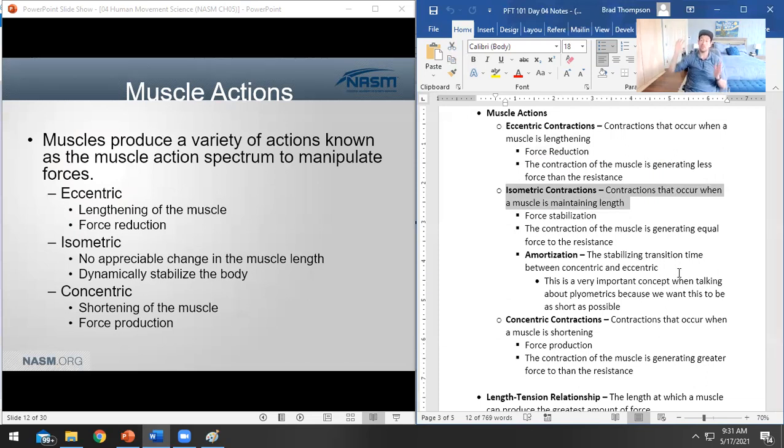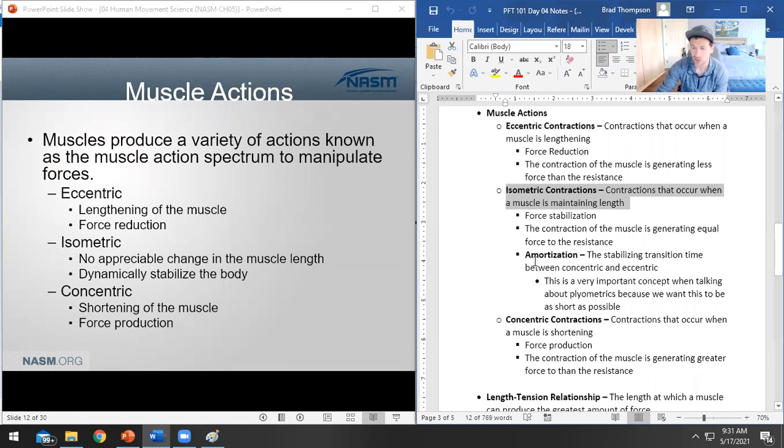So my muscle is maintaining a specific length. That again is force stabilization. So if I had two dumbbells in my hand and I raise them up like this and I just decide to hold this here, that would be an isometric contraction. So force reduction is eccentric. Force stabilization is isometric. So your muscle is generating an equal amount of force.